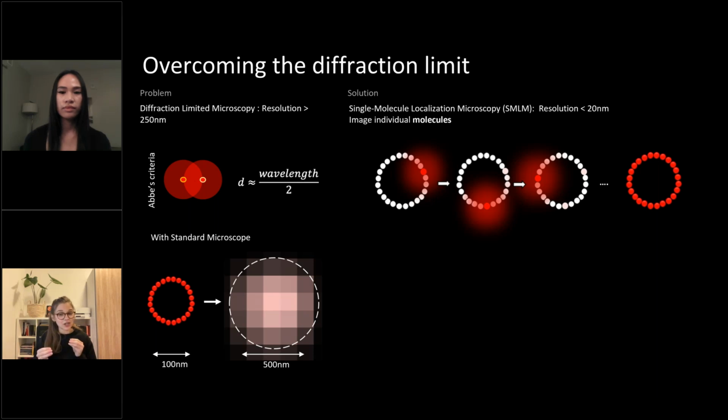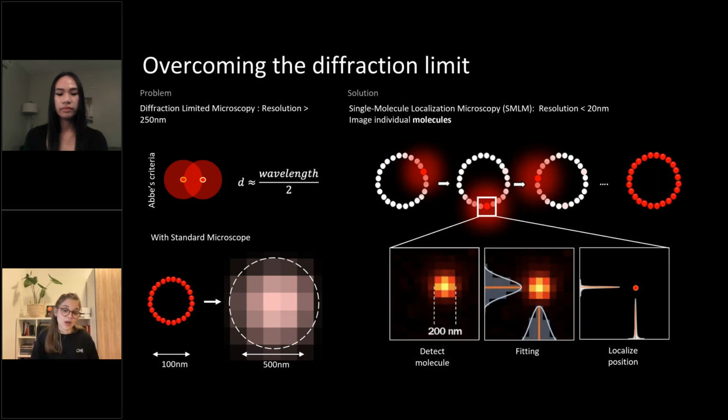This is done by selectively illuminating or switching on one fluorophore, localizing it, and switching it off. The next one, switching it on, localizing it, and switching it off, and so on and so forth until we have localized all the fluorophores in our sample. Our final image will be a reconstruction of all the dots we localized.